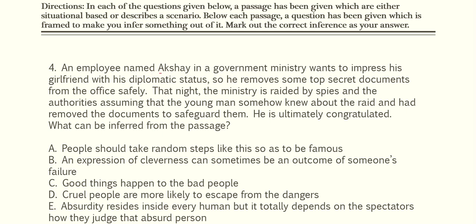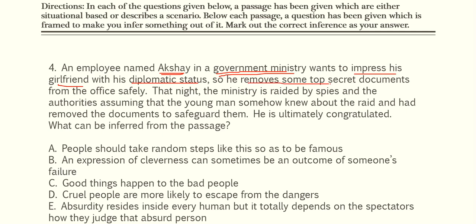What was his nature? See, he was a government employee, government ministry, right? That means he was a government employee of the government, right? A public servant. Now, his aim was to impress his girlfriend, right, with his diplomatic status. So, what did he do?